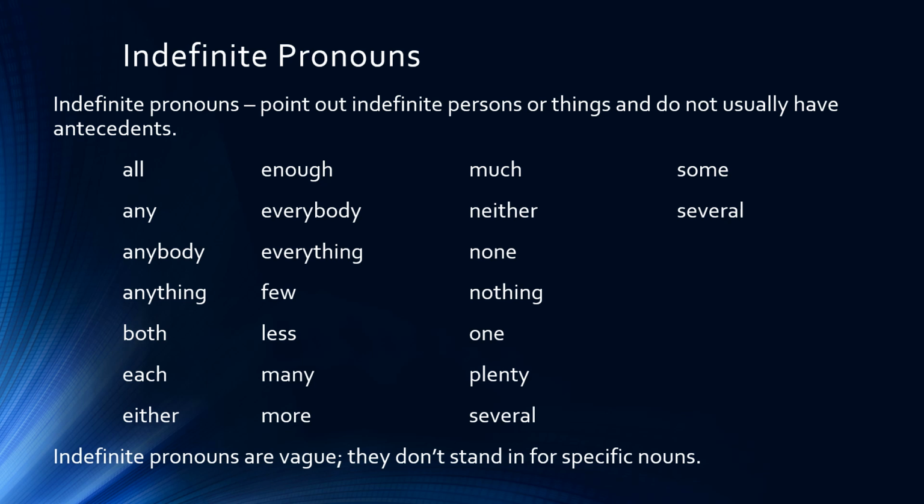But indefinite pronouns are vague. They don't stand in for specific nouns. So they're indefinite. They point out indefinite persons or things and don't usually have antecedents in the sentence.